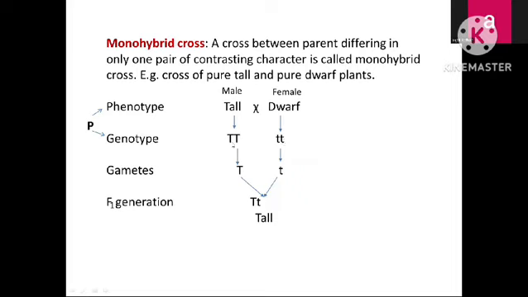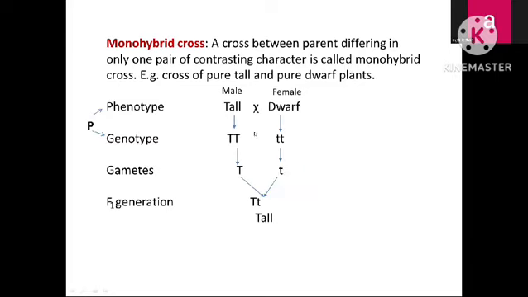Cross takes place between male and female plant, or we can say male or female gamete. In gamete formation, one allele enters in one gamete. Hence, tall plant gamete will have capital T allele and dwarf plant gamete will have small t allele.